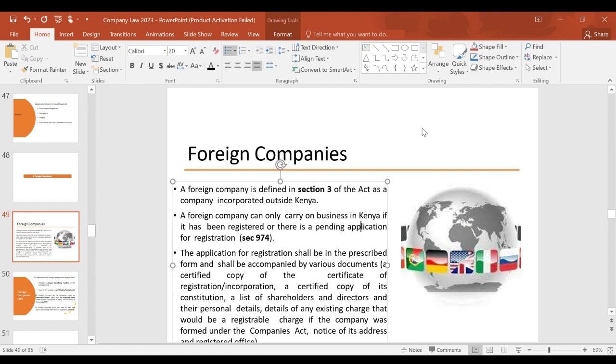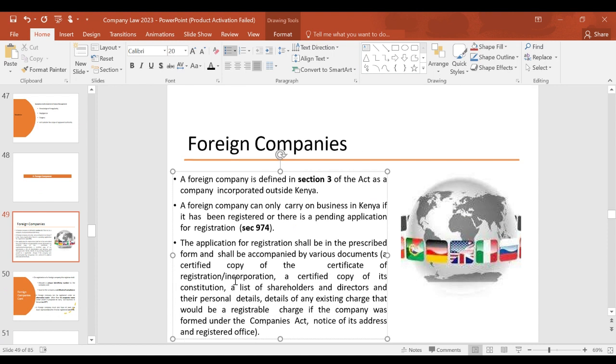So Section 974 provides the requirements for the company to operate within Kenya. And it can be a company which has already been registered or a company which has applied for registration and is pending registration by the registrar of companies.